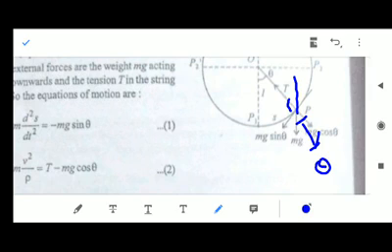If we extend the line of the force mg, it will be perpendicular to OP2. From the triangle OPP2 we can see that this angle is theta, then this angle will be 90 minus theta, and from the vertically opposite angle this angle will also be theta.